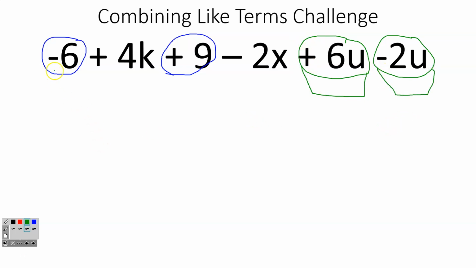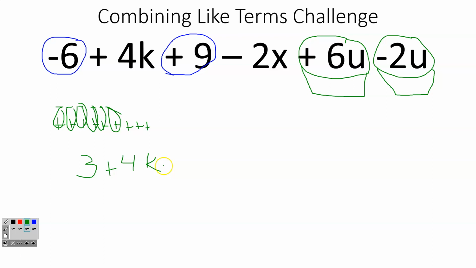It doesn't really matter what your shapes look like. There you go. So I have a -6 and a +9. That's 0 pairs, and it's going to give me a +3. I can't combine that 4k with anything, so I'm just going to bring it down.